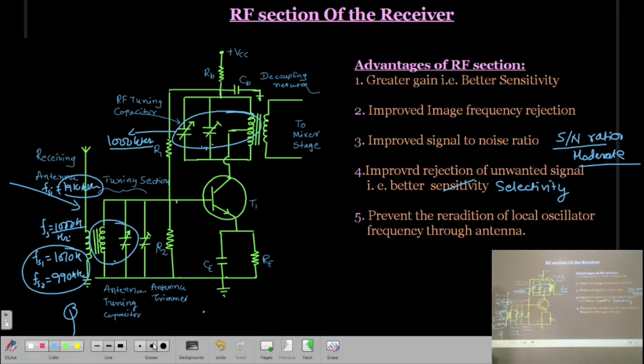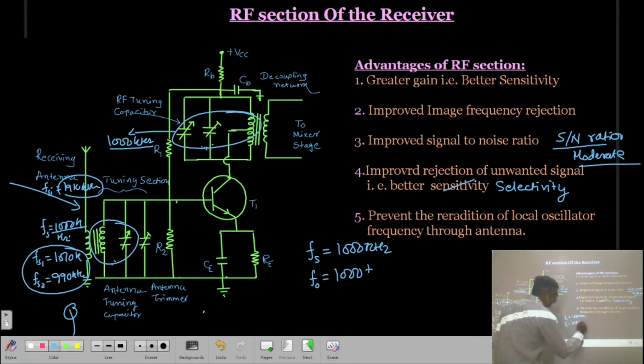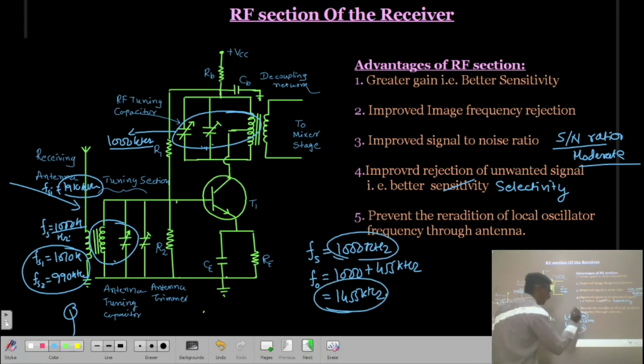Let us say the signal frequency is 1000 kilohertz, then the local oscillator frequency will be 1000 plus 455 kilohertz, correct? And this is 1455 kilohertz, because this frequency and this frequency both are given to the mixer stage and it will produce the IF. So in some cases, what will happen?